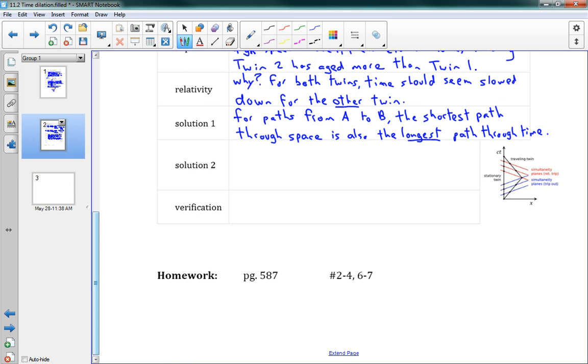So let's see. When twin 1 changes direction, so twin 1 is the one on the spaceship, when twin 1 changes direction to come back home, he switches between two inertial frames.